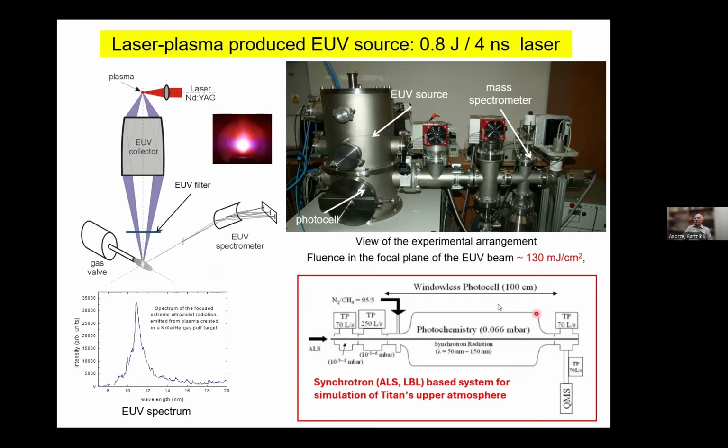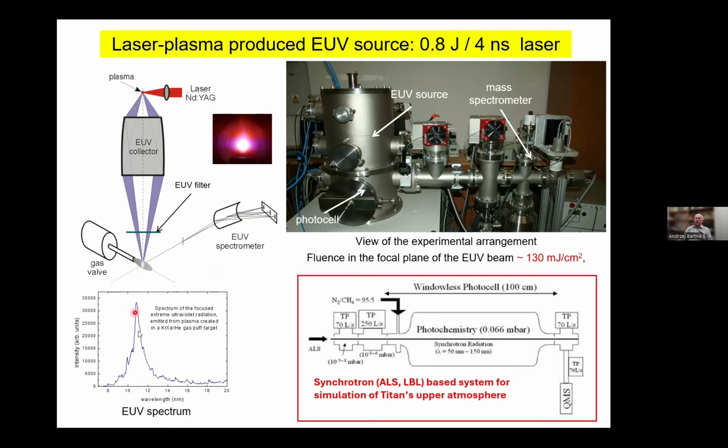This photocell, in our case, is this section of the chamber. This is the source corresponding to this synchrotron beam. And here we have the system with mass spectrometer, like here. So in principle, we can perform similar experiments here.